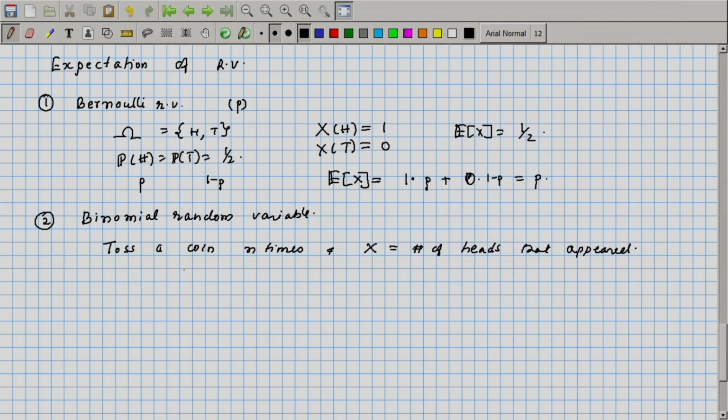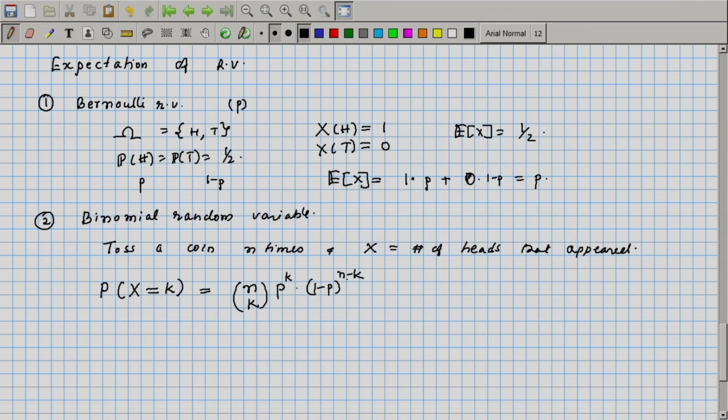We will assume that the coin's bias is p. So, in that case the probability that the random variable x takes the value k is going to be n choose k into p raised to k times 1 minus p raised to n minus k.